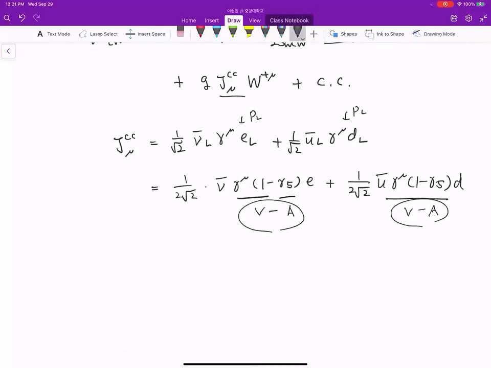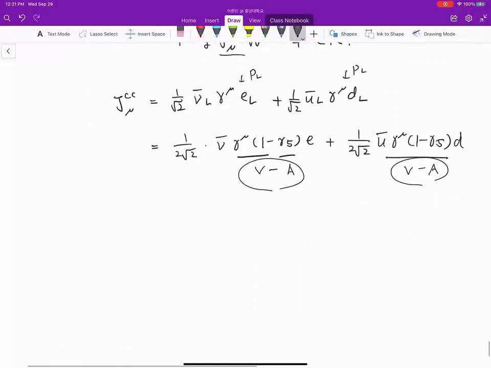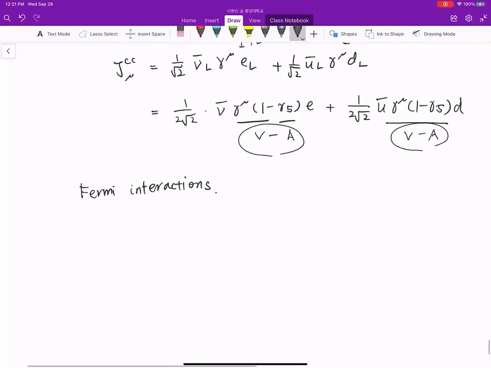For the rest of the lecture, I will talk about the connection to the Fermi interaction. In the Fermi interaction, there are two processes: neutral and charged current interaction.